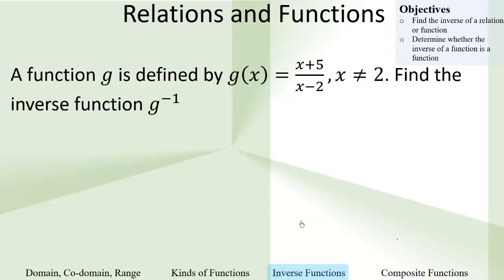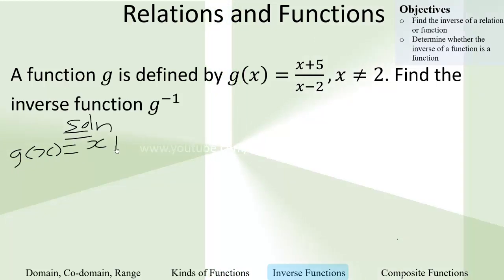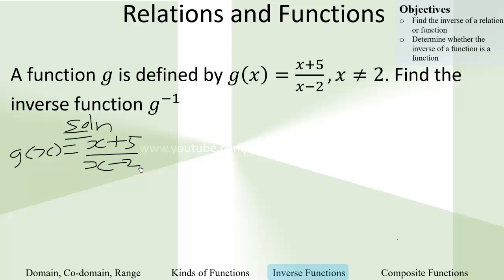Another example is here. A function g is defined by g of x equal x plus 5 over x minus 2, such that x is not equal to 2. Find the inverse function, g inverse. So let's see how we go about it. We were given that g of x is equal to x plus 5 over x minus 2, where x is not equal to 2.